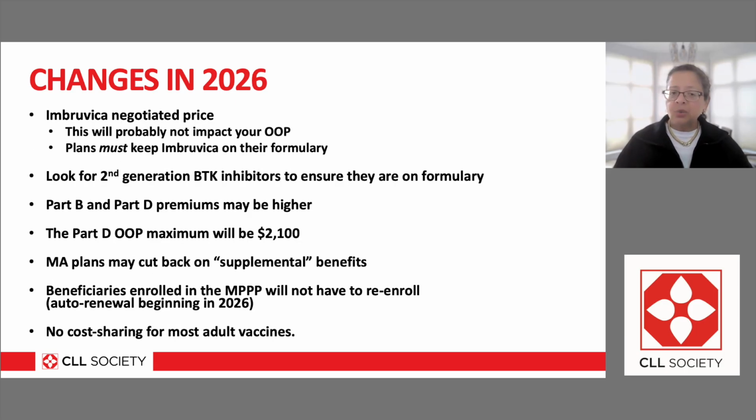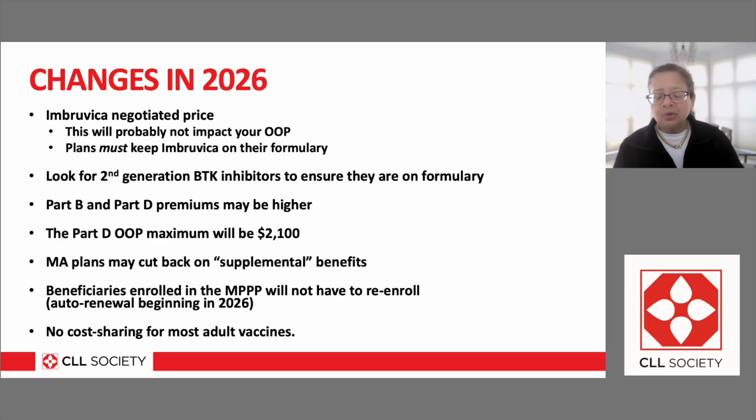Now, starting in 2026, if you did not proactively enroll in smoothing, you have another opportunity to do that in 2026. If you already did it in 2025, you will be automatically re-enrolled for 2026.